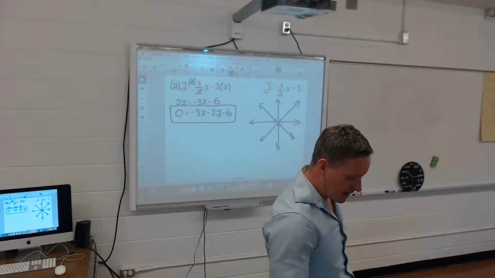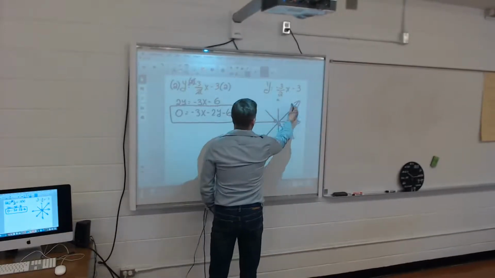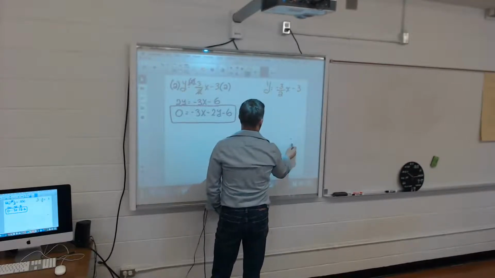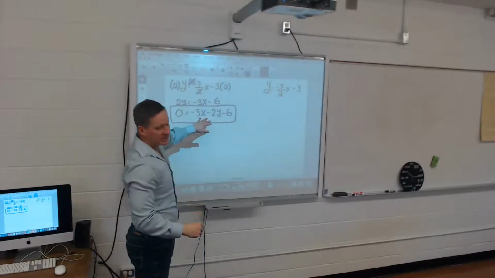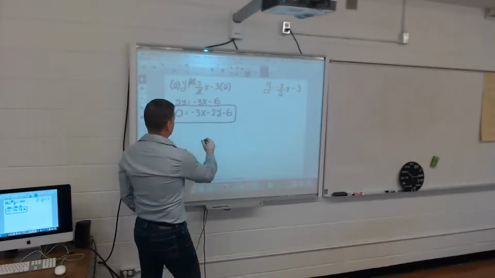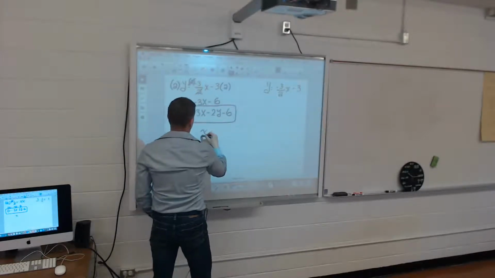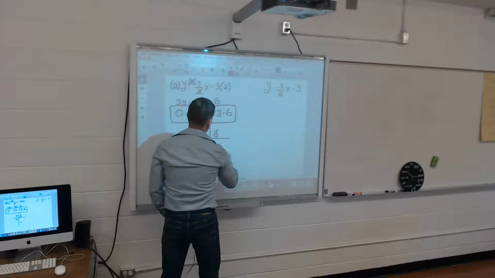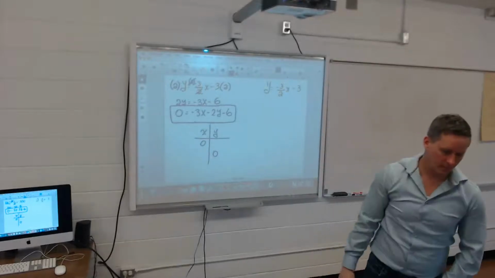C, sketch the graph using the x-intercept and y-intercept. Okay, so I'm just going to get this out of here for a second. And it wants us at this point right here to find my x and my y intercepts. So to get my intercepts, I have 0 and 0.